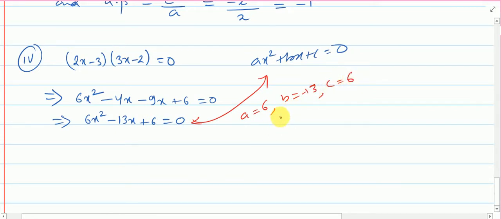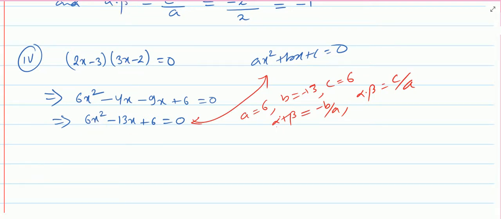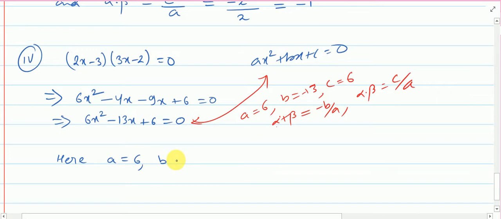So the sum will be alpha plus beta. If I am taking alpha and beta to be the roots, then the sum will be minus B by A and their product will be C by A. Yes or no? So let us continue. Here A is equal to 6, B is equal to minus 13 and C is equal to 6.